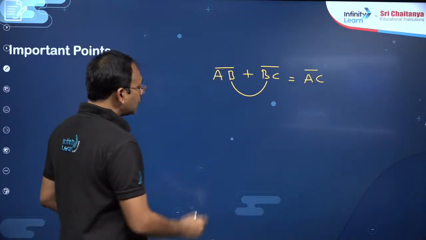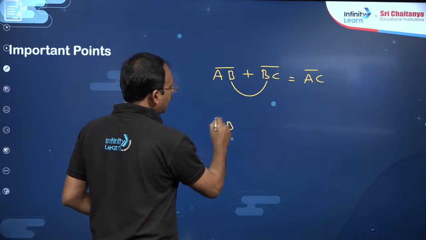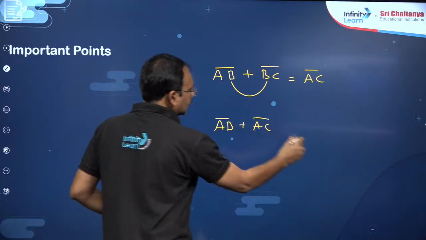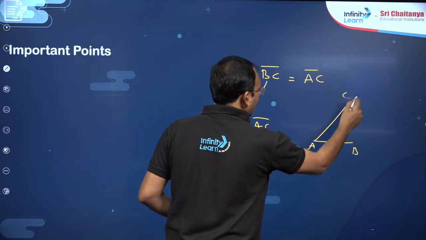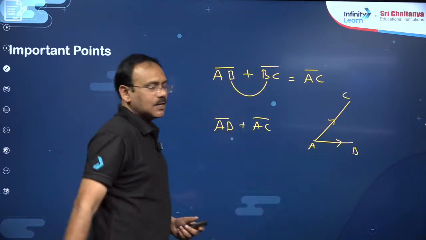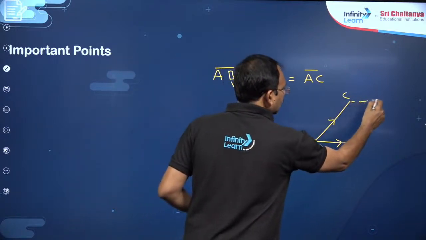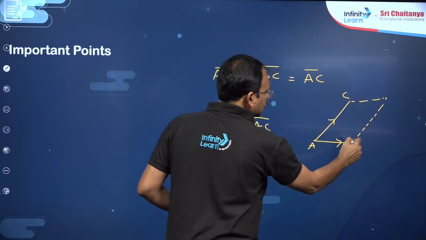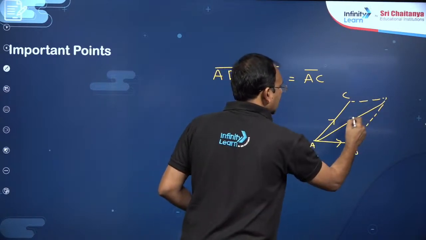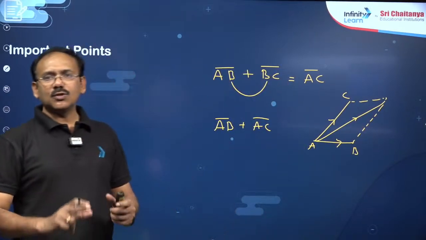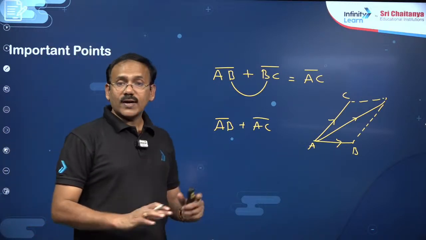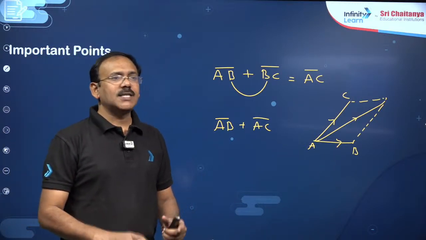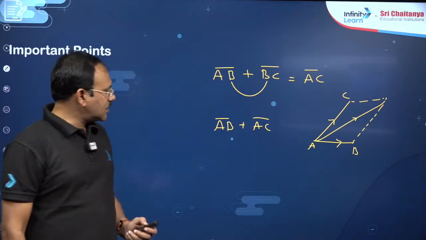Suppose you want to add AB bar plus AC bar, so you have 2 vectors having the same initial point. In this case, better you complete the parallelogram, and with these 2 as adjacent sides, the diagonal vector is going to be the addition. These are the 2 simple points related to vector addition.